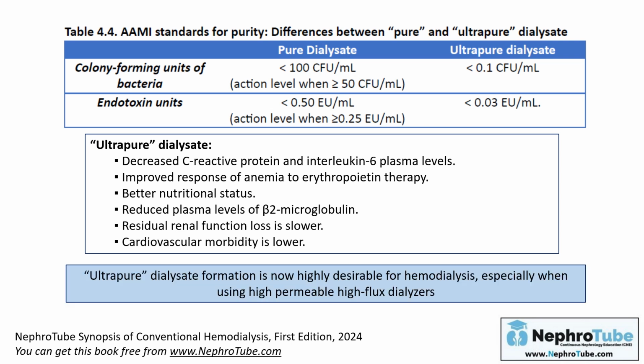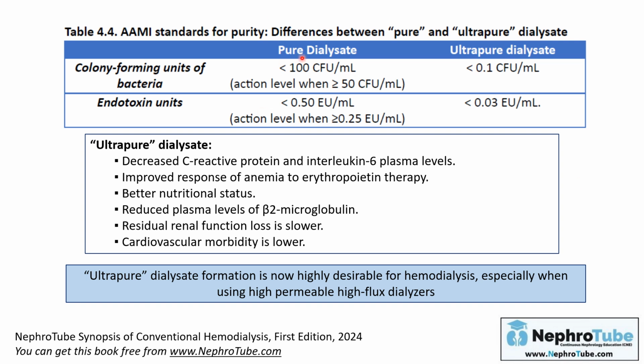The use of ultra pure dialysate is now highly desirable for hemodialysis, especially with the use of high flux dialyzers nowadays, as with these dialyzers there is an increased risk of contamination being drawn from the dialysate into the bloodstream because high flux dialyzers have high permeability. So if there are endotoxins and colony forming units in the dialysate, they will pass to the patient.